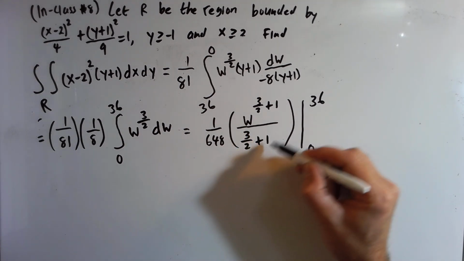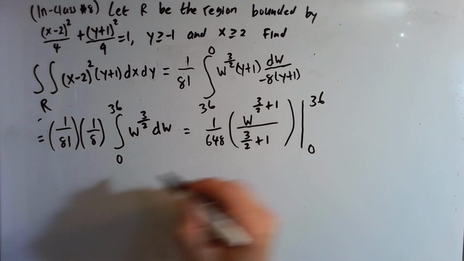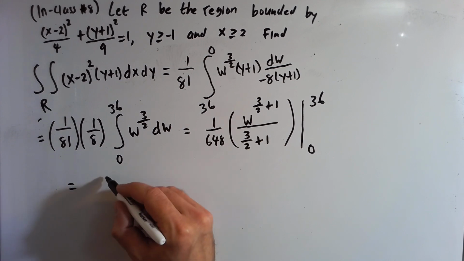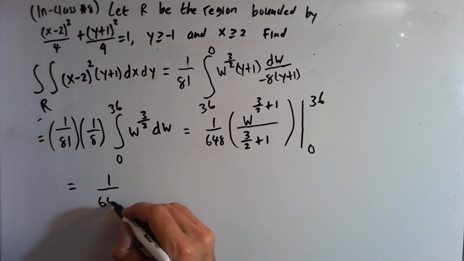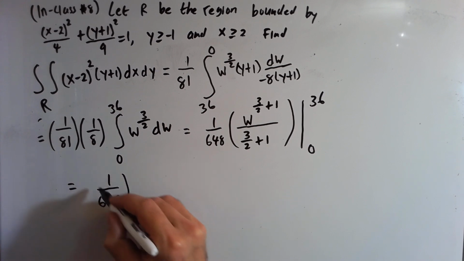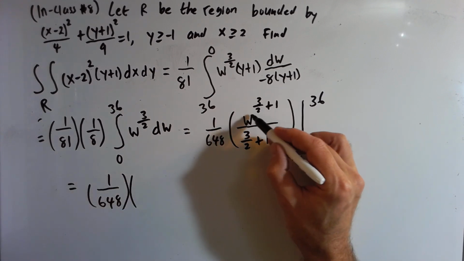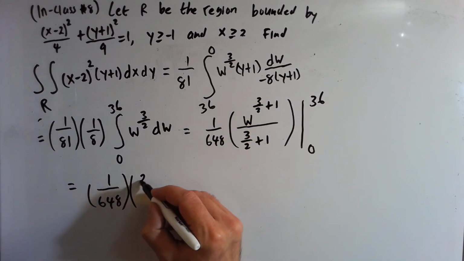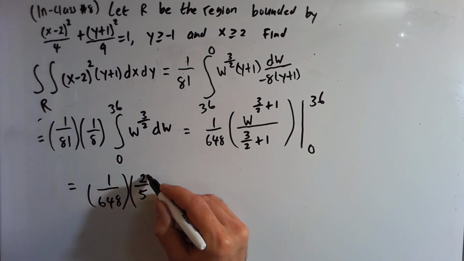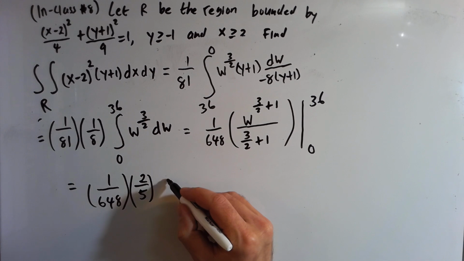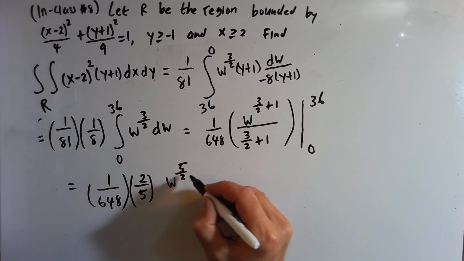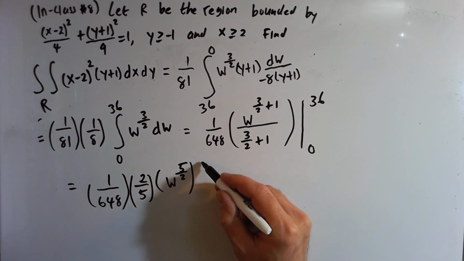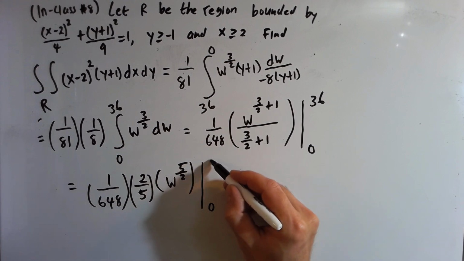Okay, so 3/2 plus 1 is 5/2, so it's going to be then equal to 1 over 648. So that's 5/2, so it'll be reciprocal, so it'll be 2/5. And then w to the 5/2 evaluated at 0 and 36.